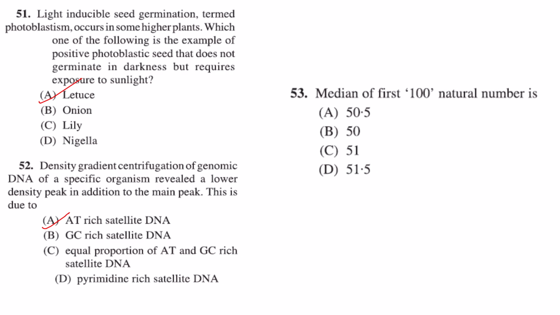And satellite DNA is a type of DNA sequence that is repeated many times in the genome. If it were GC rich satellite DNA, then it would have resulted in a higher density peak, not a lower density peak.